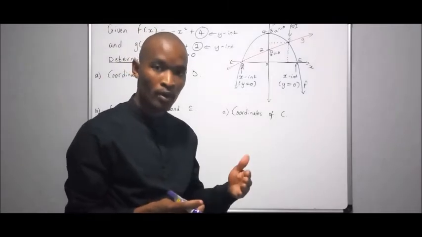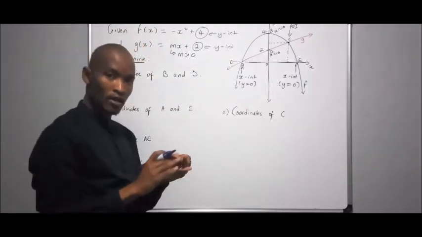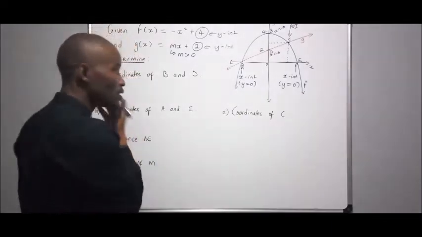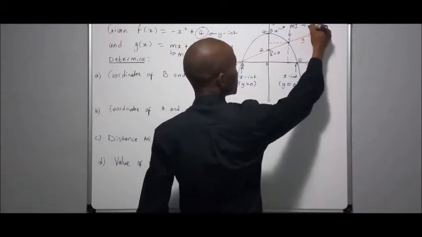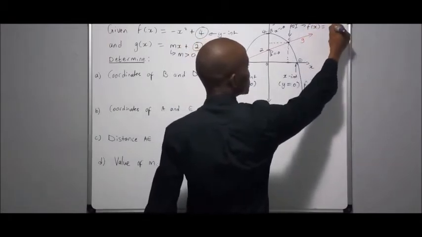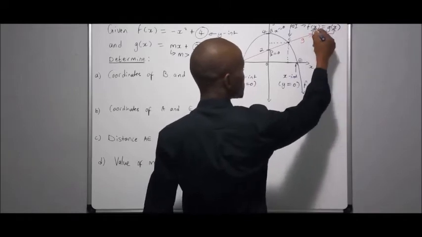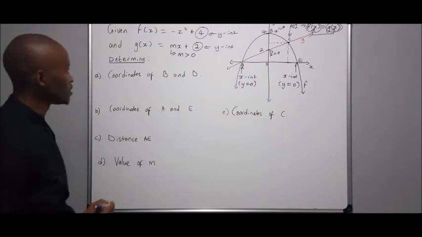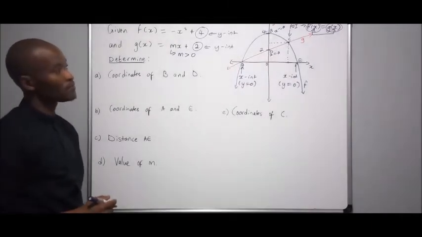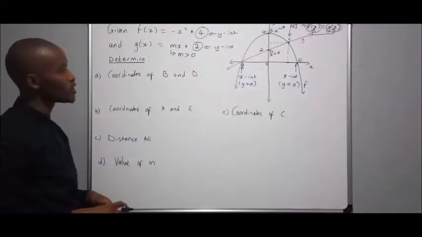So what will be common about the point is the fact that it is shared in terms of x-coordinate and y-coordinate. So it's a point of intersection, and we can write this: f of x is equal to g of x, meaning that the x-coordinates are the same and the y-coordinates are the same at that point. Good. That is enough inquiry performed on the sketch in relation to the given equations as well.